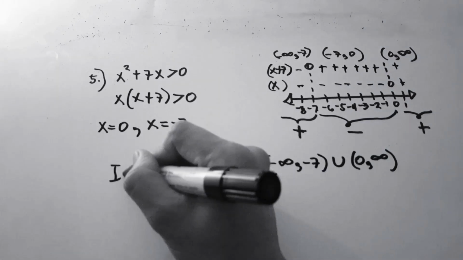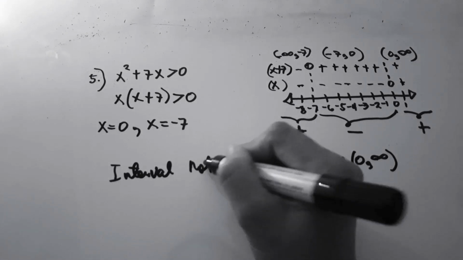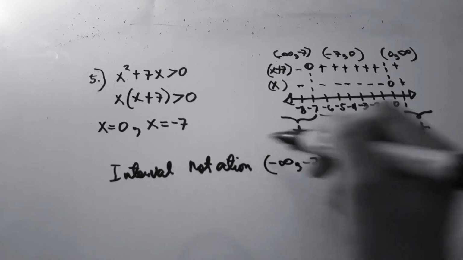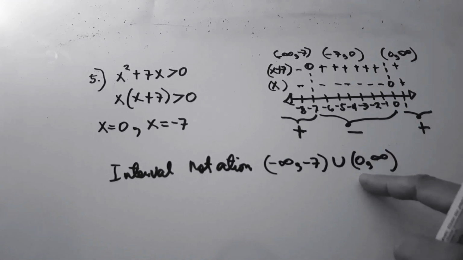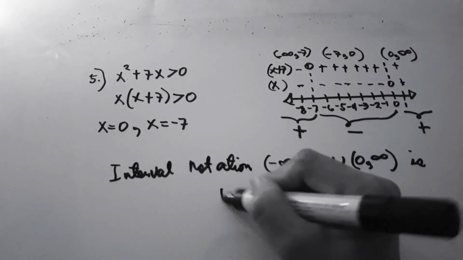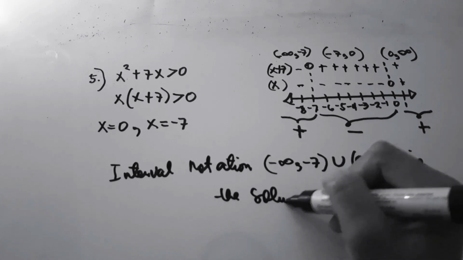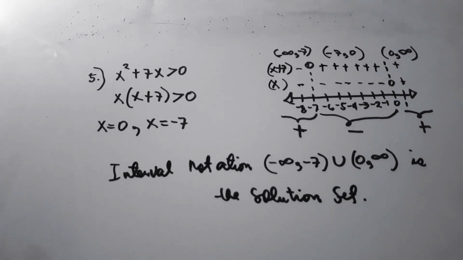So this is the solution. In interval notation, negative infinity to negative 7 union 0 to positive infinity is the solution set. So this is our answer.